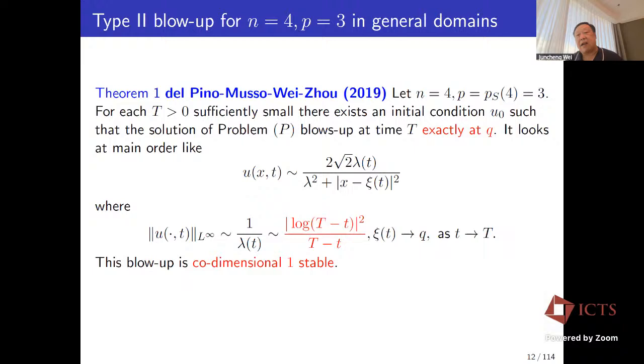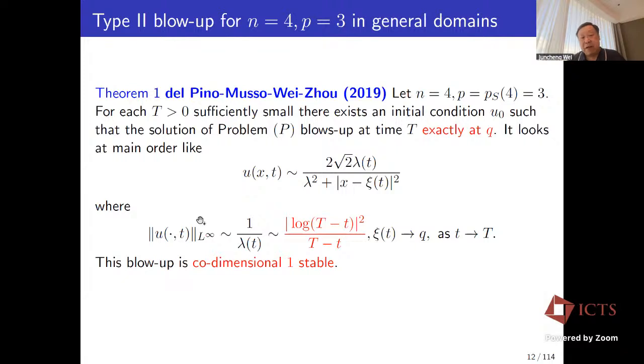So the main result I'm going to present today is the following, which I proved with Pilar Musso and Yifu Zhou. I assume that n equals 4, so the critical exponent is 3. For each small time T, we can find initial data such that the solution blows up exactly at this T, and the blow-up at the main order is like the Aubin-Talenti bubble.